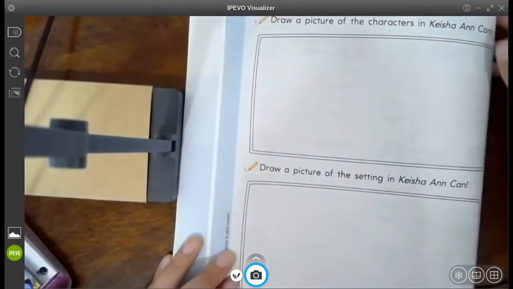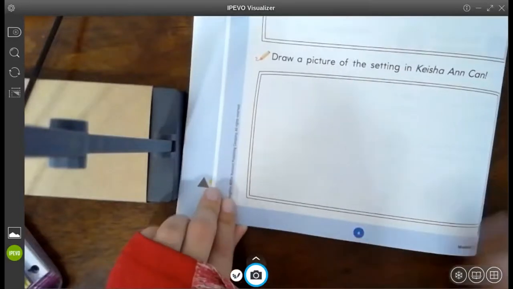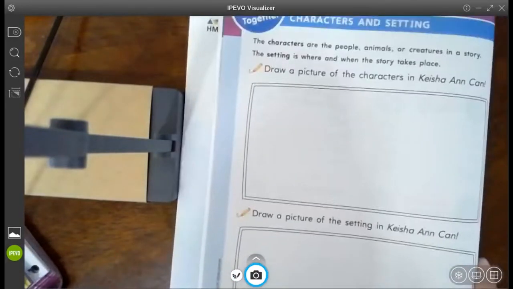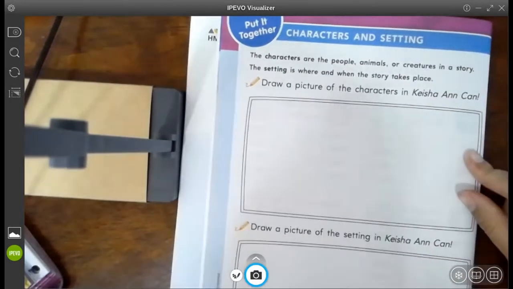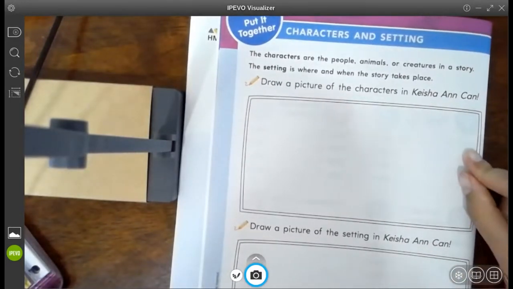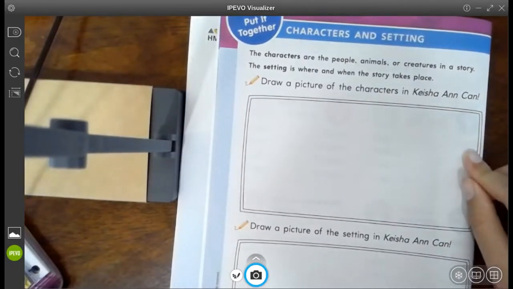All right, now it's time to get out the My Book workbook, page 4. We have spent the first part of today identifying the characters and the setting from the story Keisha Ann Can.